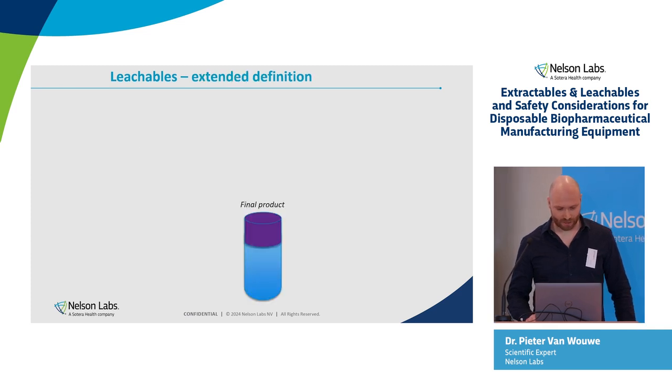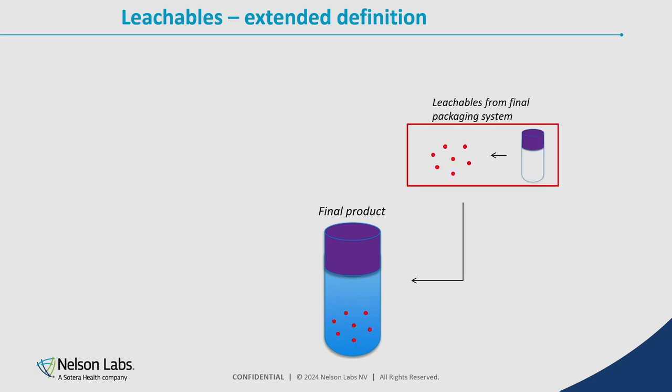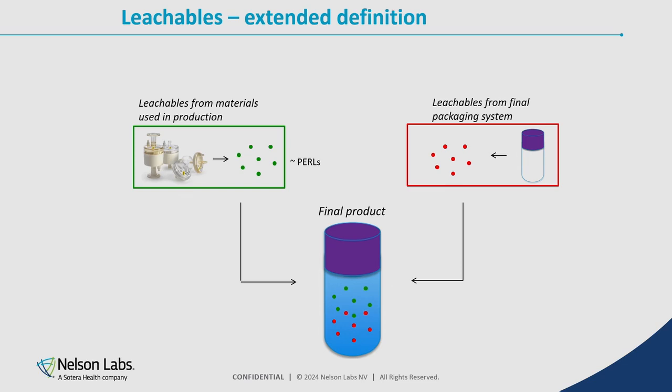And we need to consider, if you have the final product in the container, there are leachables coming indeed from the packaging system. But on top of that, you have the leachables from the production materials, which are often referred to as PERLs, process equipment related leachables. I think that is the terminology which is used in USP and also in some other guidance documents.